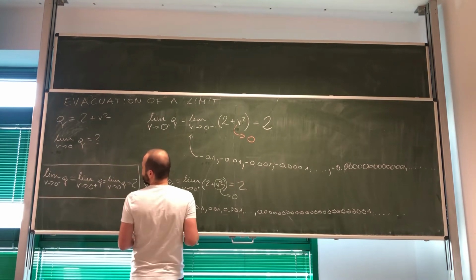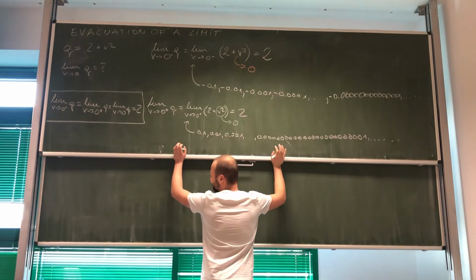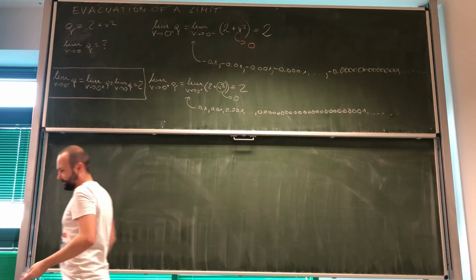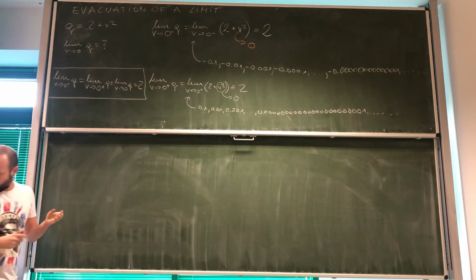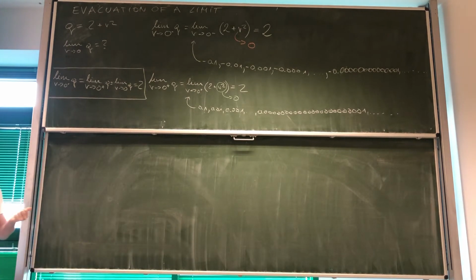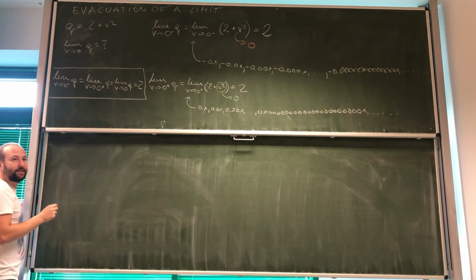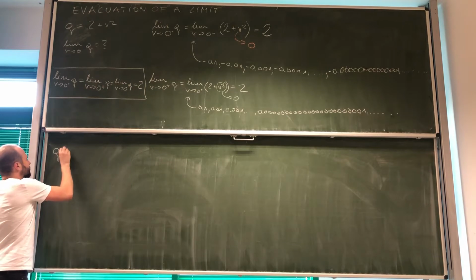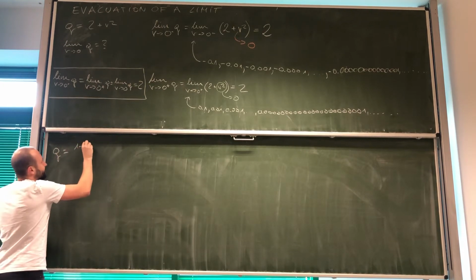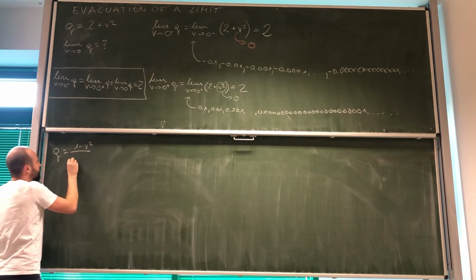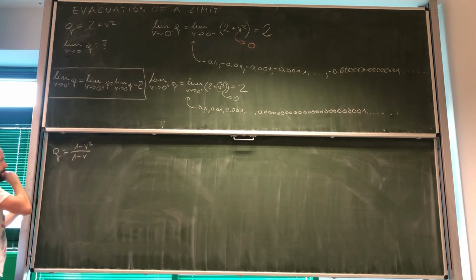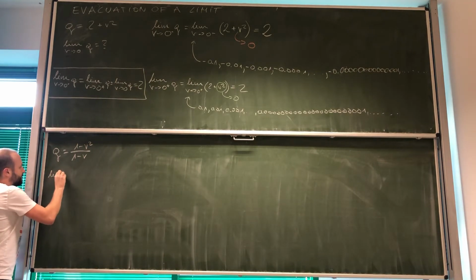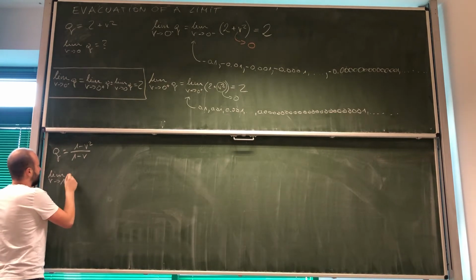Okay, so now let's start with another example. So now the function we are dealing with is q equals 1 minus v squared over 1 minus v. Okay, and the limit we need to calculate is the limit with v approaching 1 of q.